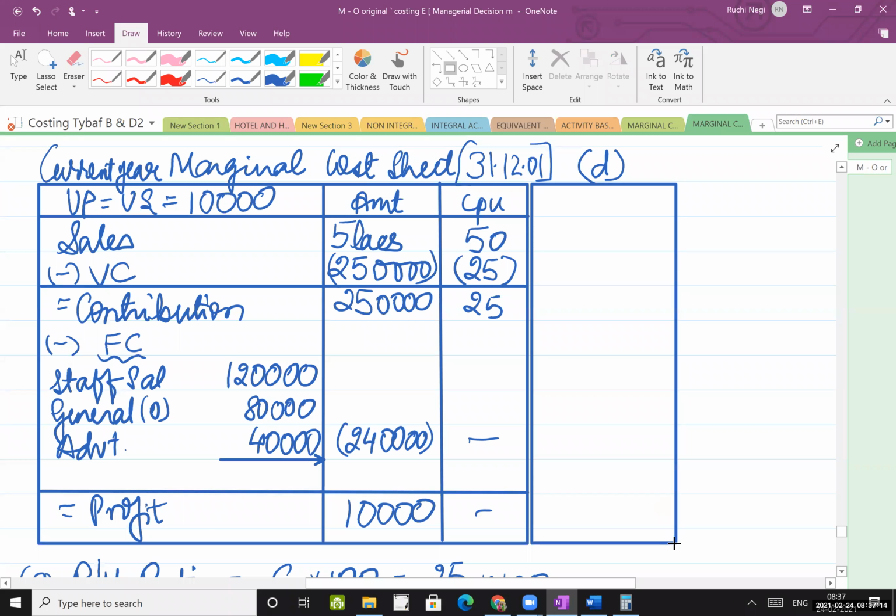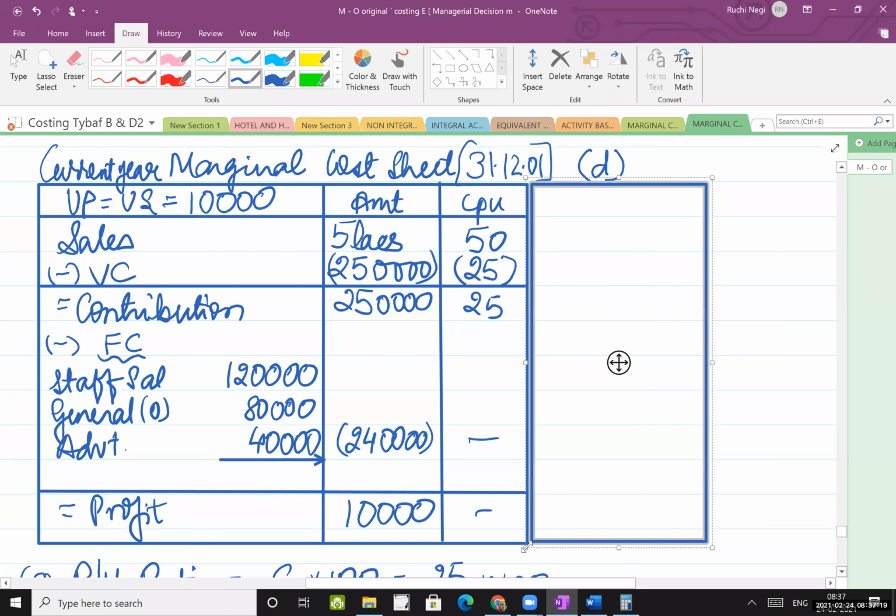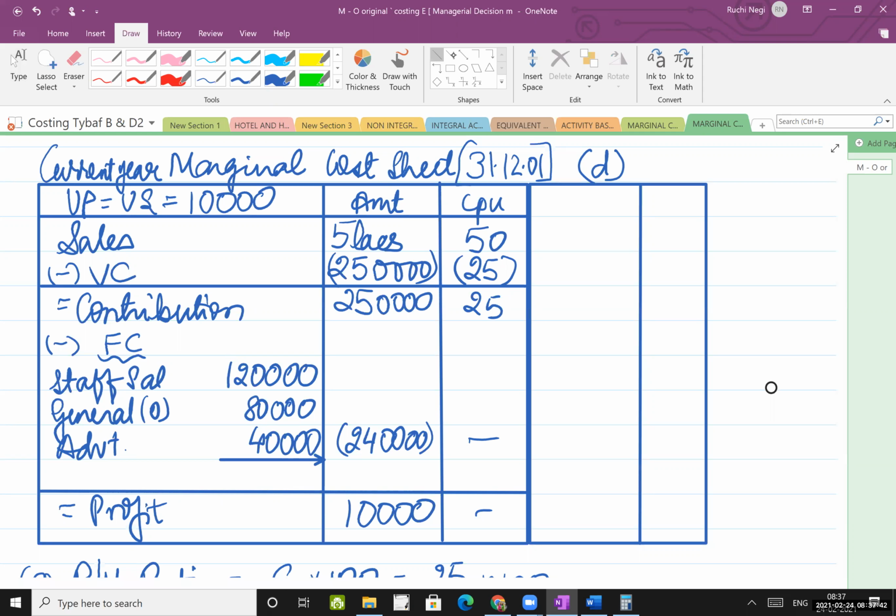Just making it उधर ही rather than changing everything again and again. I'll be just changing the values of students.